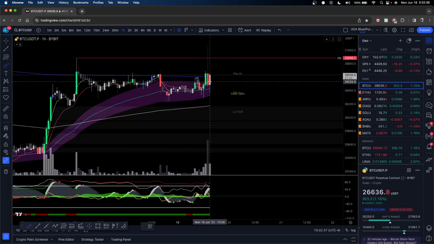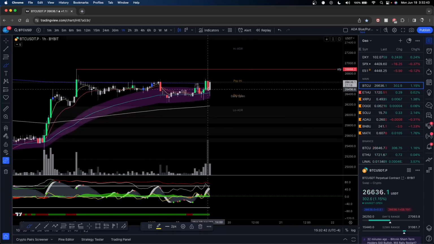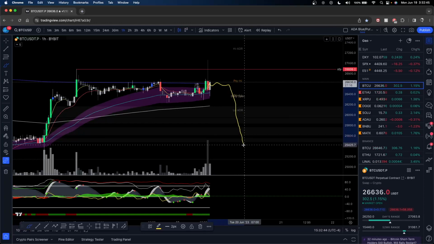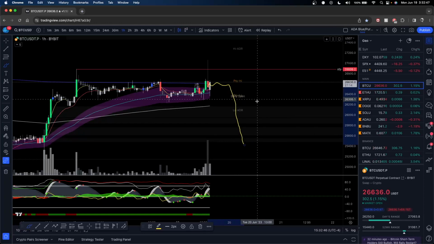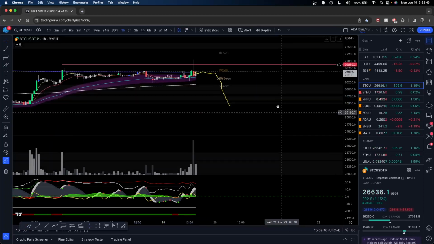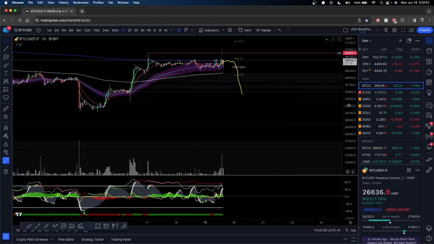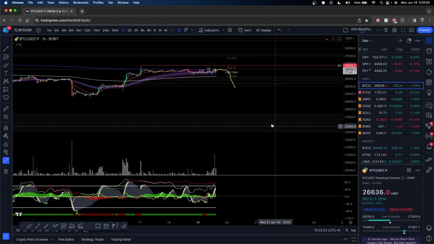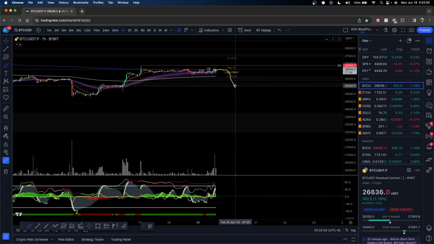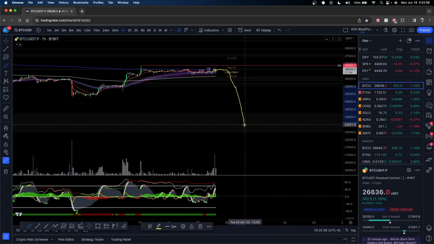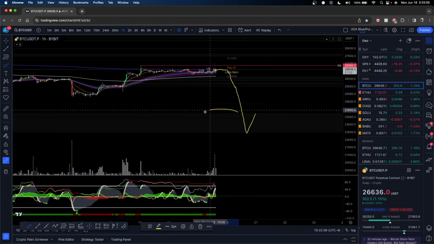I would not be surprised, and no one in my Discord should be surprised, if price did that. Meanwhile, everyone will start panicking, asking what the hell's going on. Especially if we come down to these lows, which everyone in my Discord, we've been eyeing for quite a while. There's liquidity here.